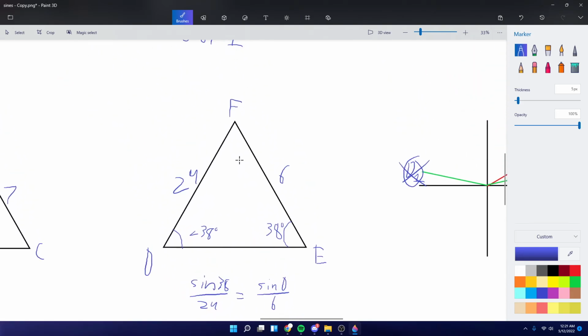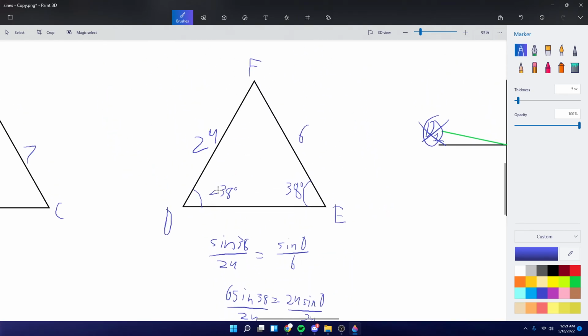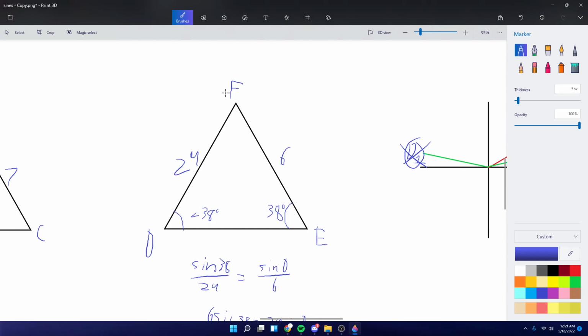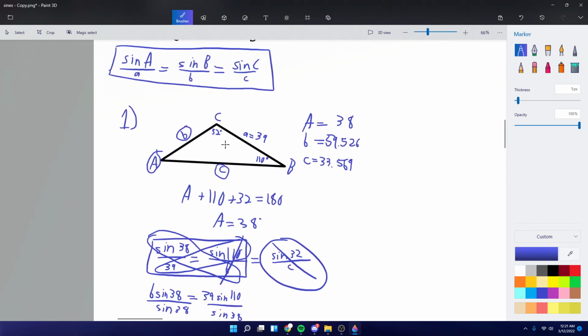And now there's only one triangle to solve. Just use this angle D that you just found, and angle E, to solve for angle F. And then you solve it similarly to the first problem that we had here, just the law of sines.